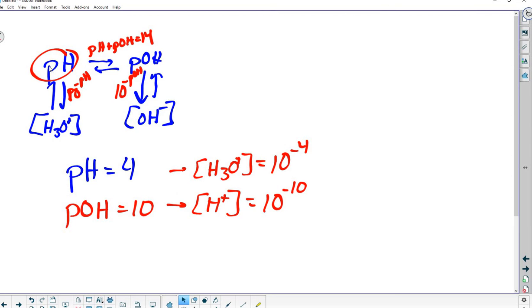Done. If I'm going back up the other way, that's where we use the minus log, and to go down it's 10 to the negative power. I don't often use this part because a lot of kids make mistakes, including me.